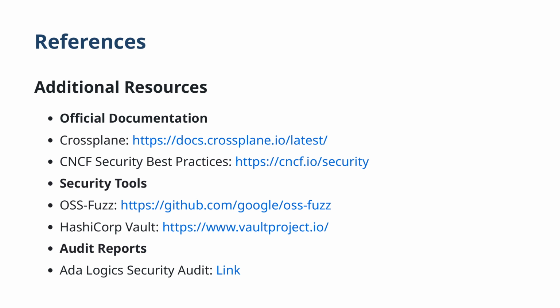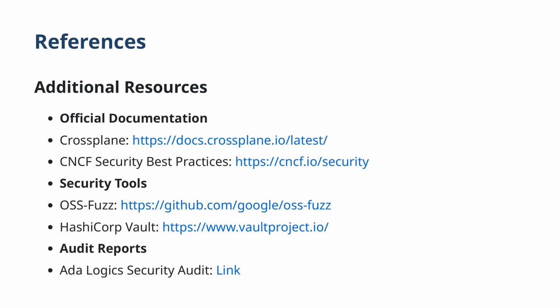Let's now discuss some valuable references and additional resources that can further enhance your understanding and secure implementation of Crossplane. Firstly, the official Crossplane documentation is your go-to resource for everything related to installation, configuration, and day-to-day management. You can access it at docs.crossplane.io/latest/.